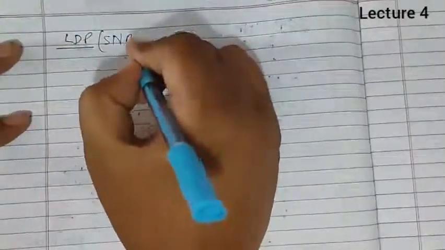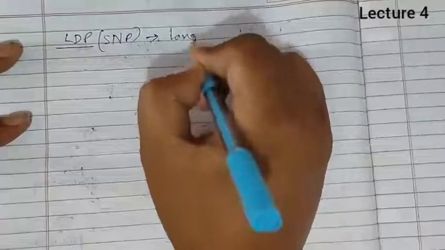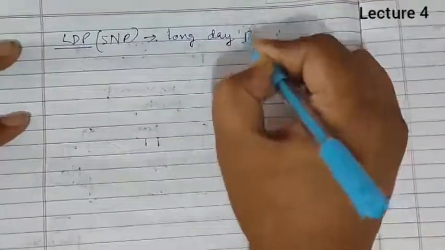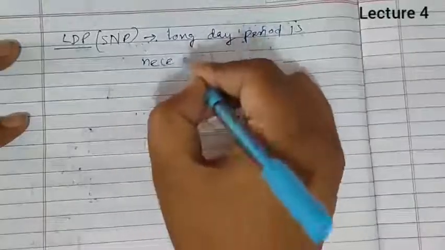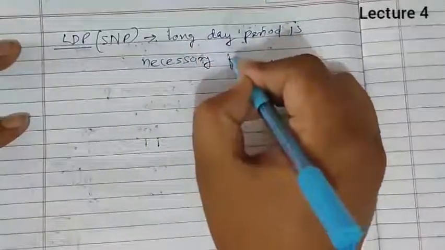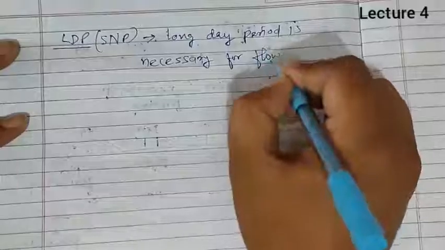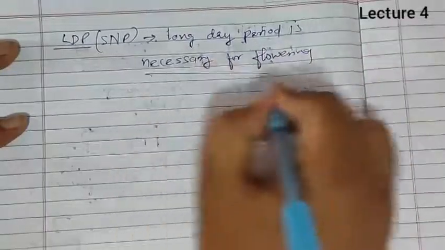But when we talk about a long day plant, it is also known as a short night plant. A long day period is necessary for flowering.